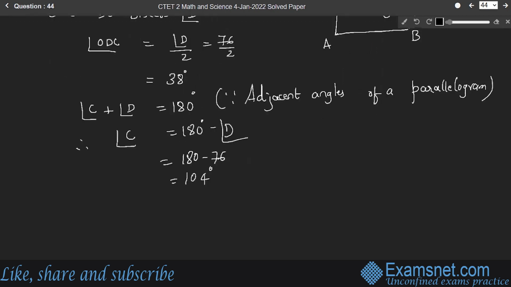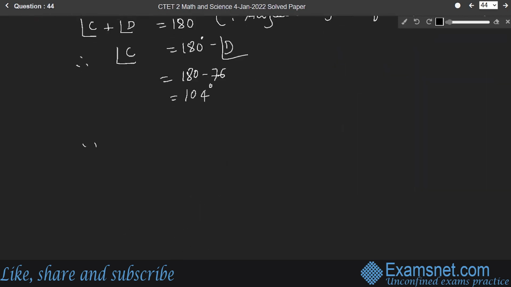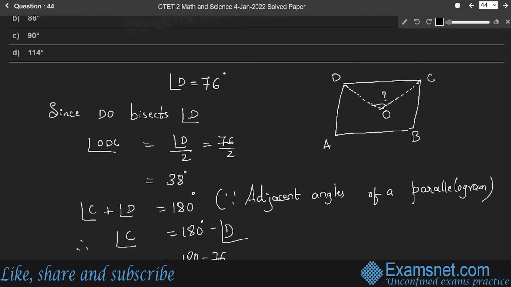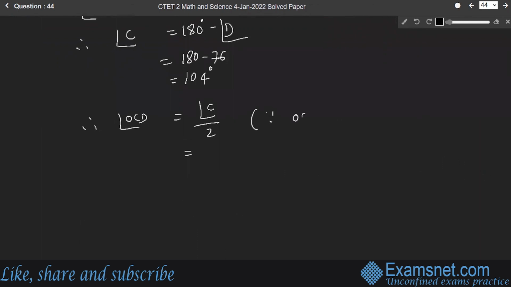But we need the value of angle OCD. Angle OCD is equal to angle C divided by 2 because OC bisects angle C. Therefore, it is 104 degrees by 2, which is 52 degrees.